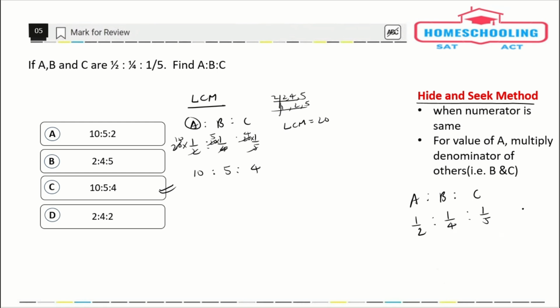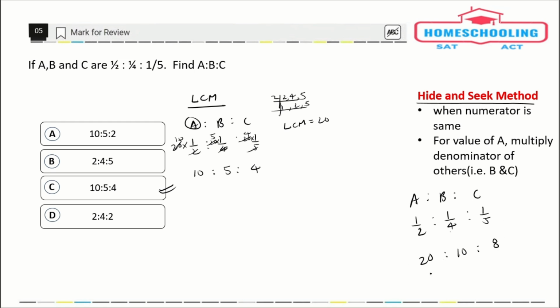That would be 4 into 5, that would be 20. Similarly, for B, we will hide B and take the denominators of A and C. That would be 10. And for C, we will hide C and take the denominators of the other two. That would be 4 into 2, that would be 8.